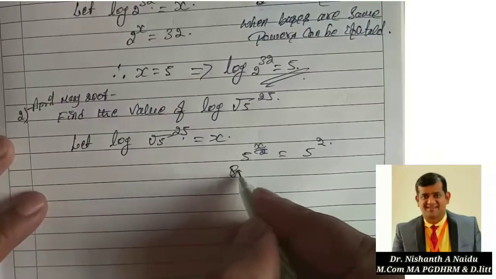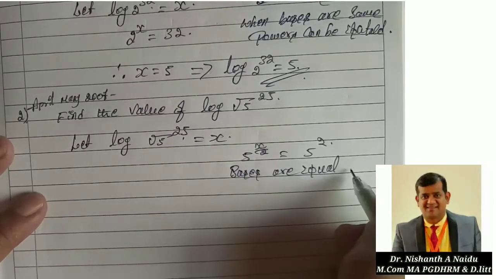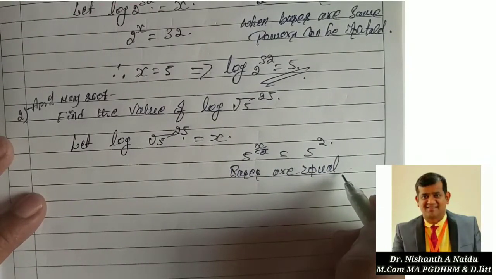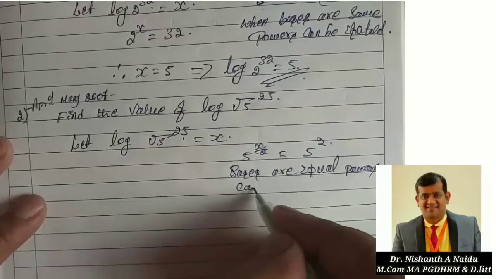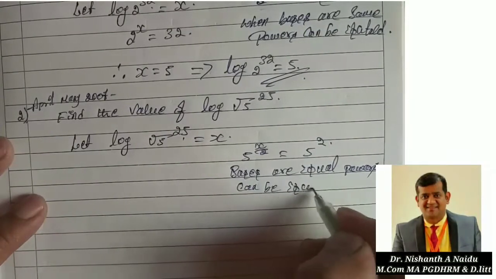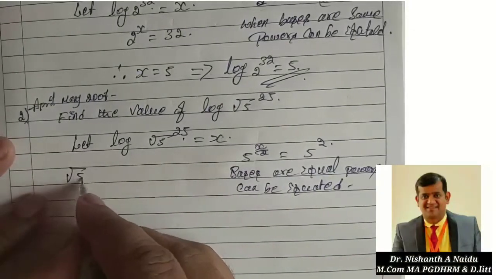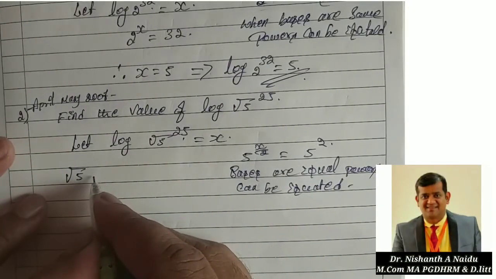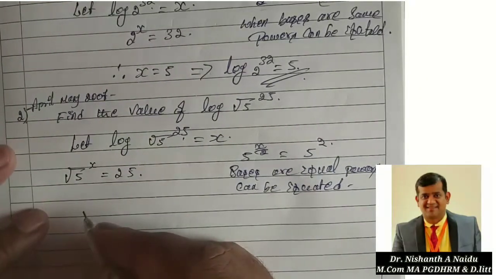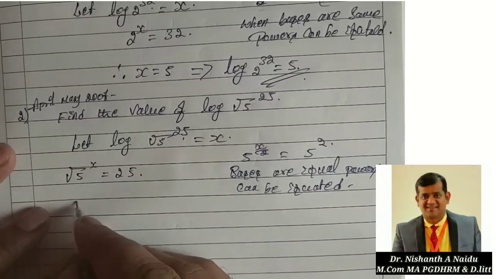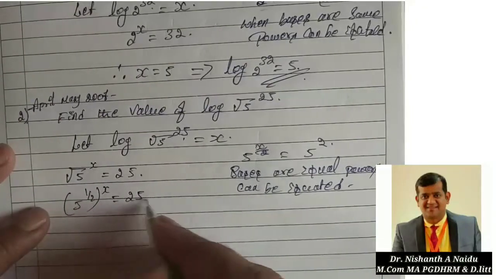Since bases are equal, powers can be equated. So let us equate the powers now. That means root 5 to the power x equals 25, correct? When you remove the root, that becomes 5 to the power 1 by 2, whole power x, equals 25.